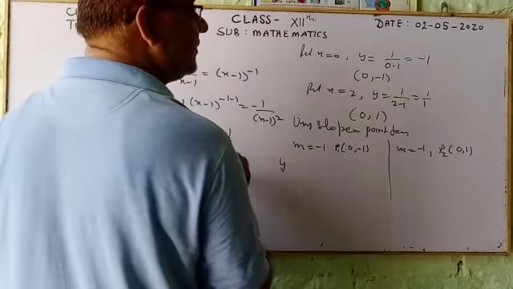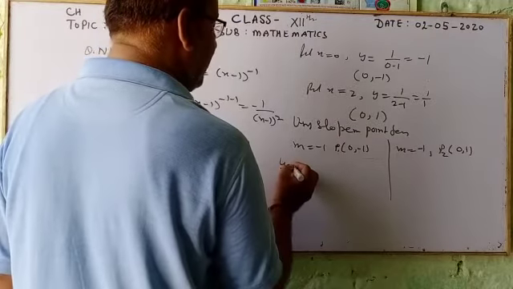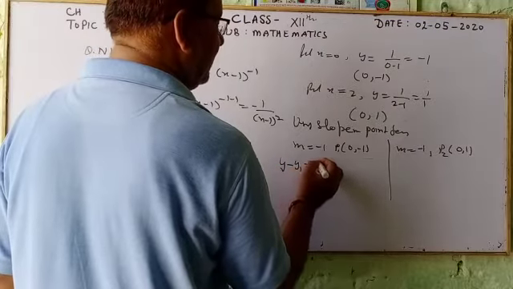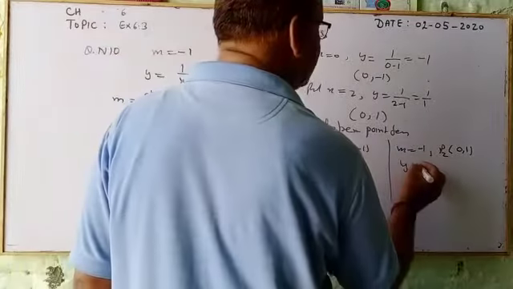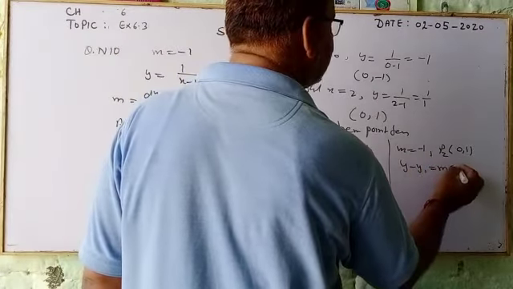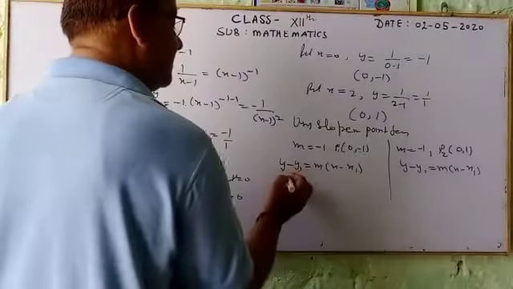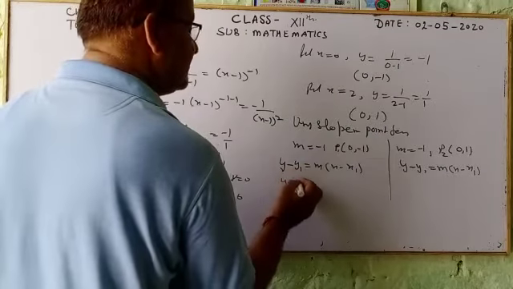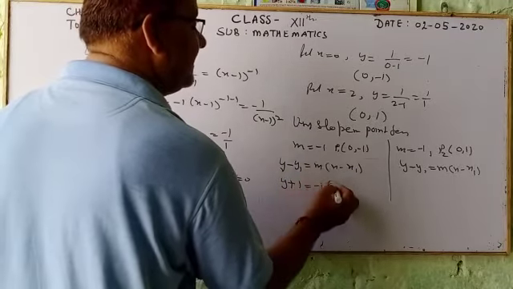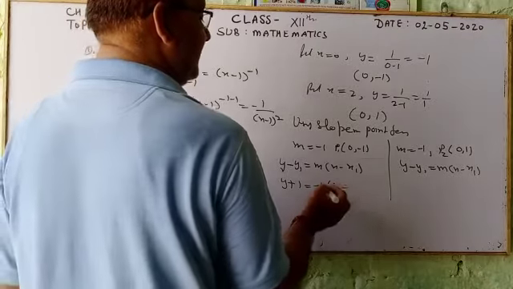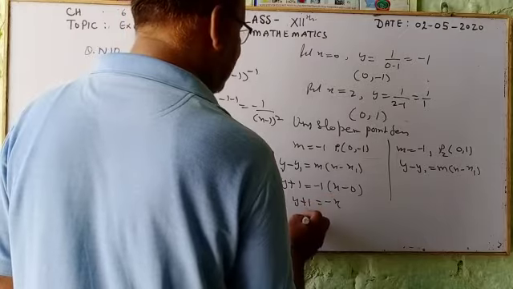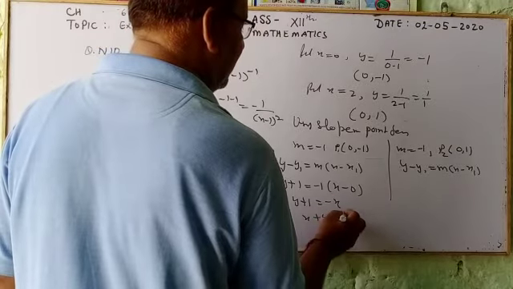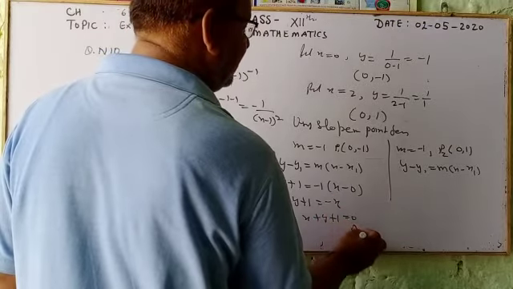Using the slope point form, y minus y1 equal to m times (x minus x1). So y minus y1, that is y plus 1, m is -1, x minus x1, that is x minus 0. So y plus 1 equal to -x, and x plus y plus 1 equal to 0 is the required answer.